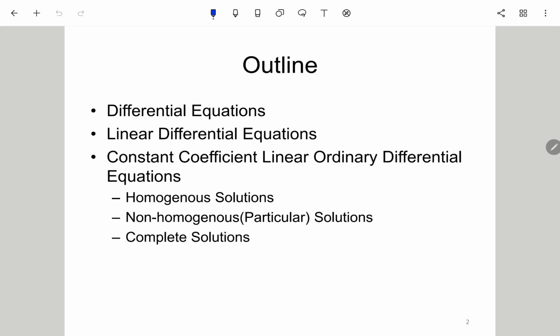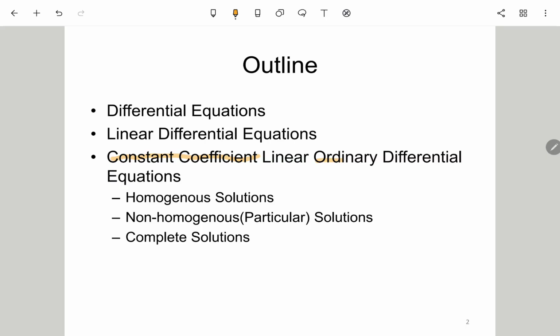So one type is to say whether the system that this differential equation describes is linear or non-linear. Okay, and then going to a very specific type of the linear equation, this is the constant coefficient linear ODE.